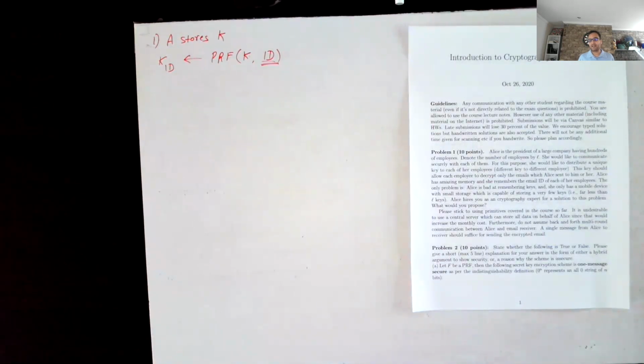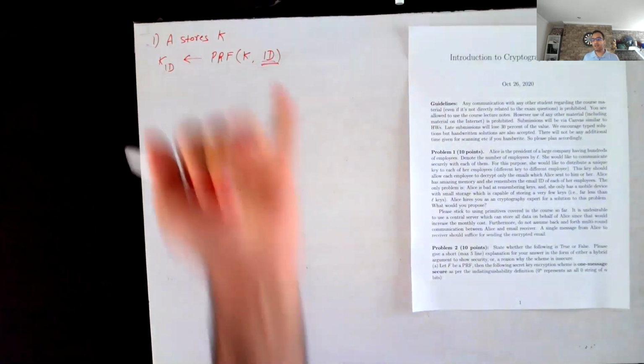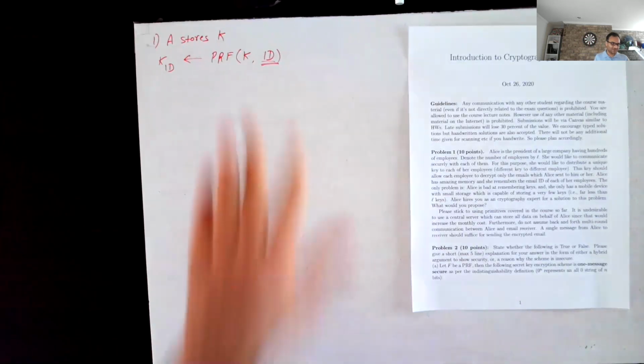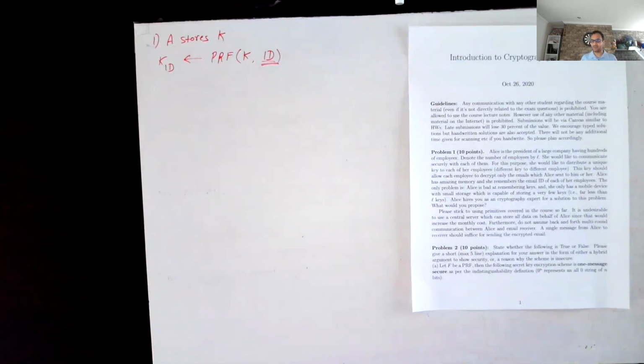And in fact, if you are worried about that, you can even apply a collision resistant hash function to the email ID first, and then you will get a fixed length output. So maybe that solution is even better, but even if you write the solution you gave, you will get full marks.